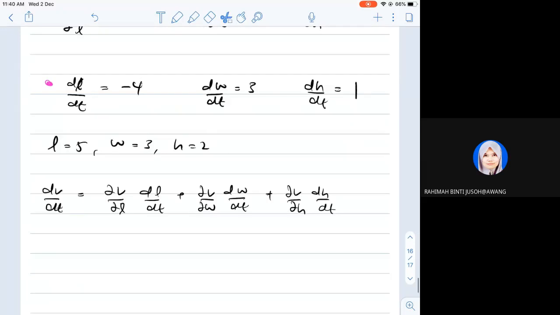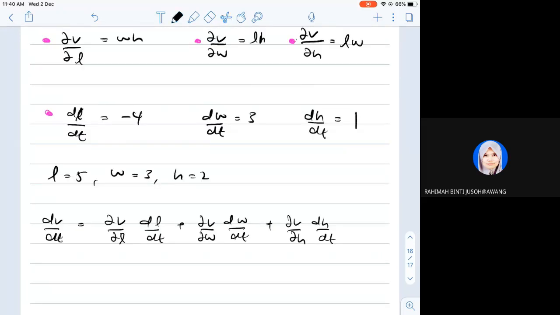So we will have dV over dt equals to W del V over del L, WH multiplied by DL over DT equals to 5 plus del V over del W, LH multiplied by DW over DT. So we have 3 and then plus.